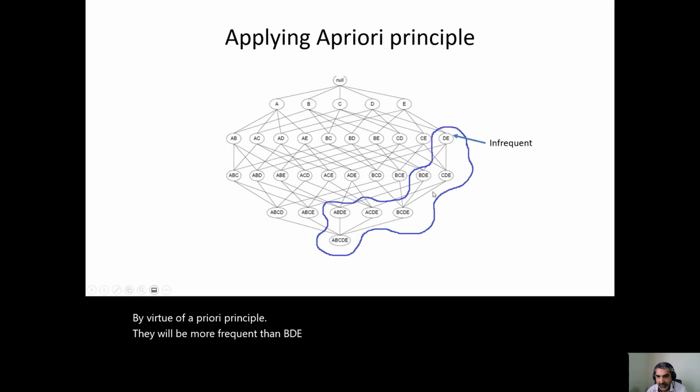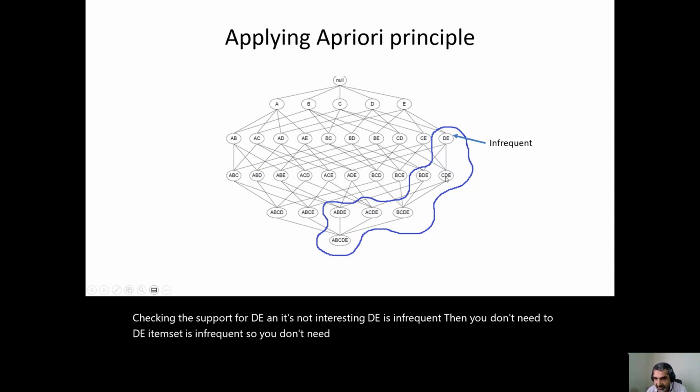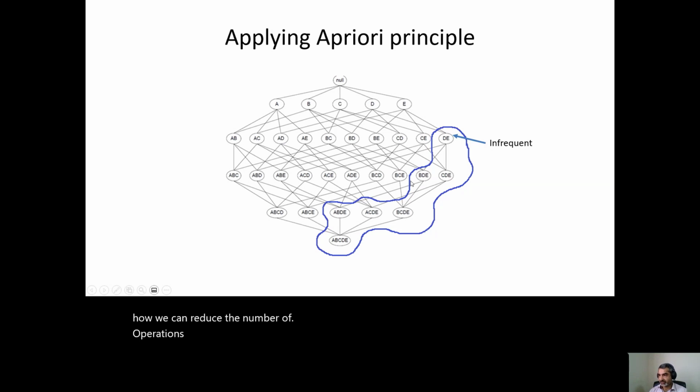Similarly, if you are checking the support for DE and it's infrequent, then you don't need to check BDE, CDE, all the supersets. So this is how we can reduce the number of operations using the a priori principle.